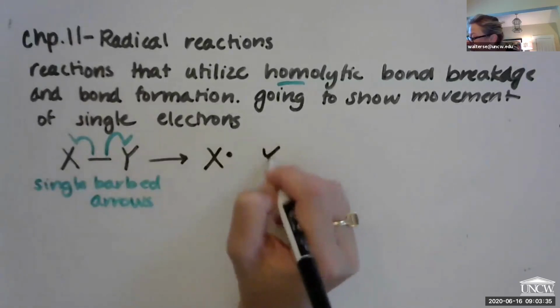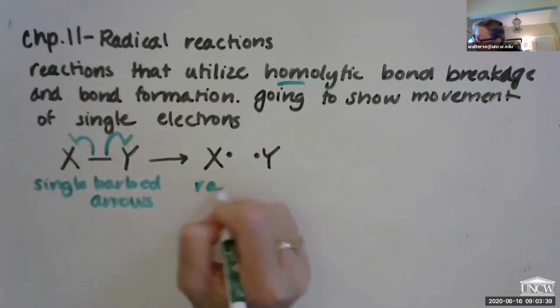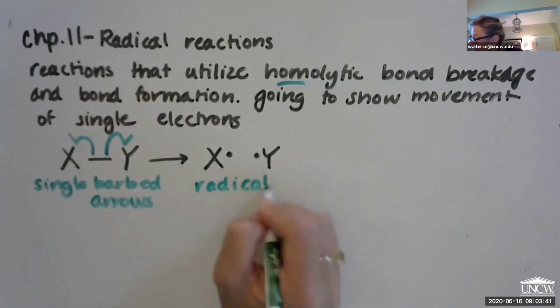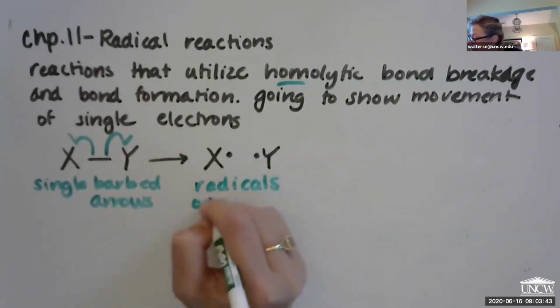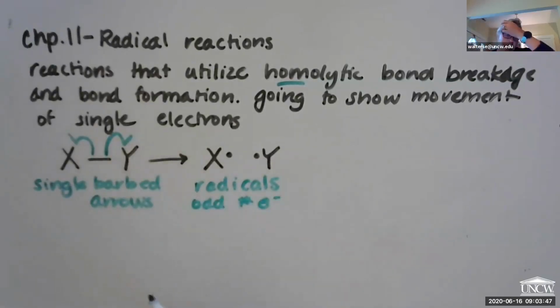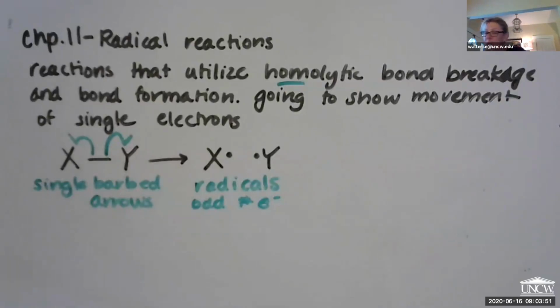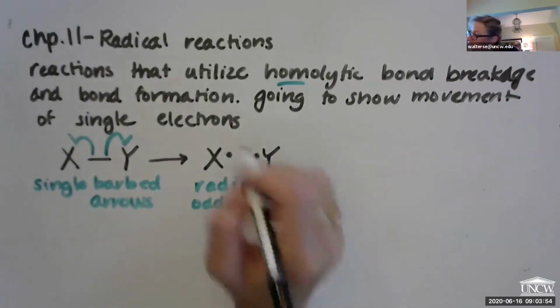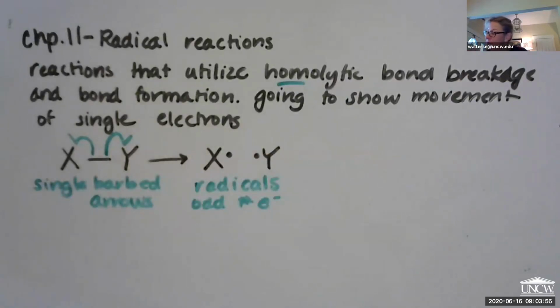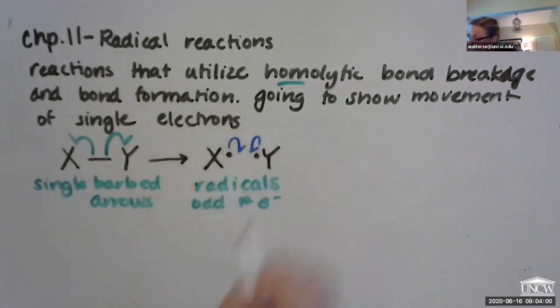So the radical systems have odd numbers of electrons, or they'll have one electron that's on its own. Now to show that the bonds reform, this is kind of the only time you're allowed to draw electrons as if they're just going into space.